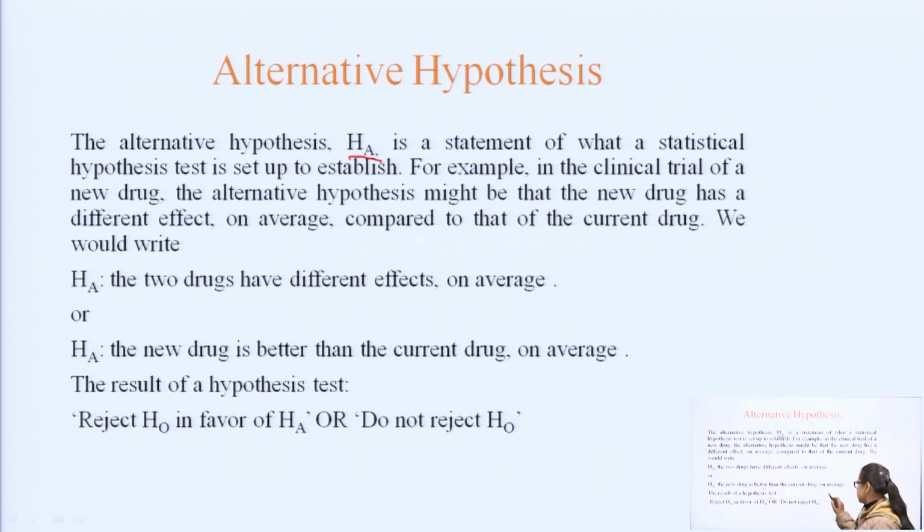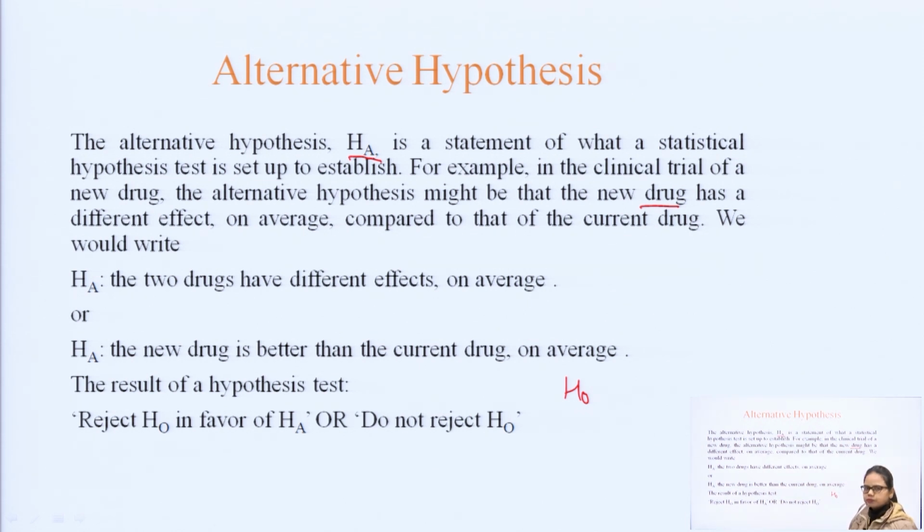The null hypothesis states that there is no difference between the current drug and the new drug on average, but in the alternative hypothesis we just assume the new drug has a different effect on average compared to the current drug.